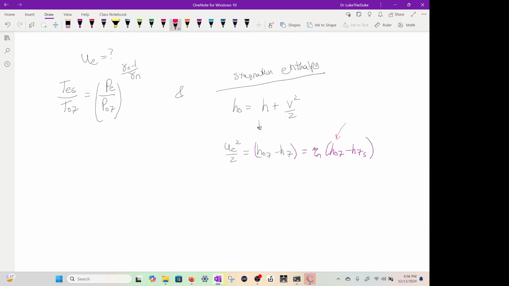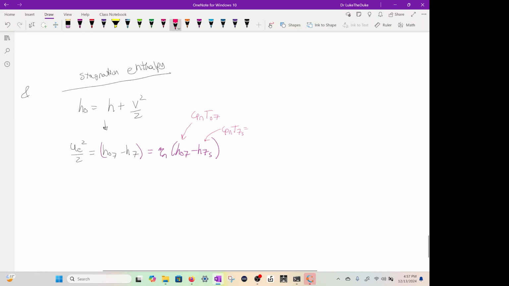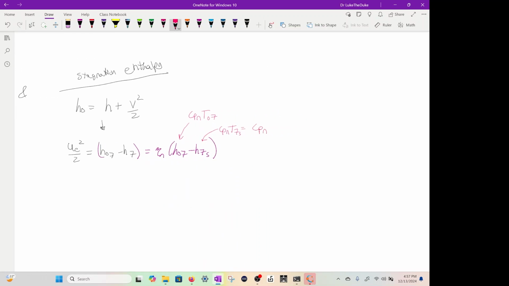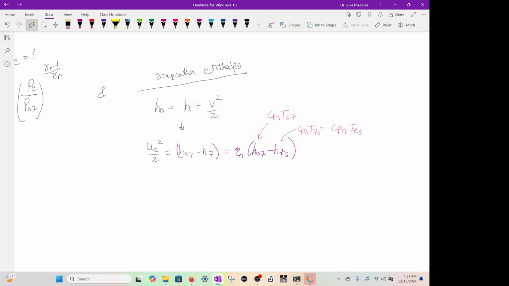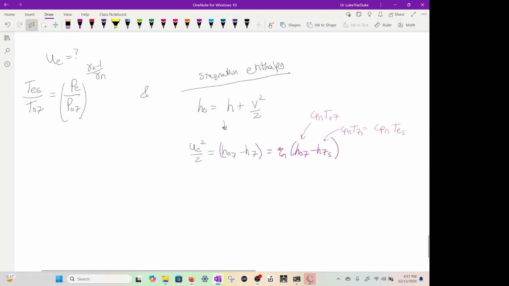Also note, h naught 7 is CPN T naught 7, and this one is CPN T7s, which is really equal to CPN TES. Okay? 7 is your exit. And see this TES?